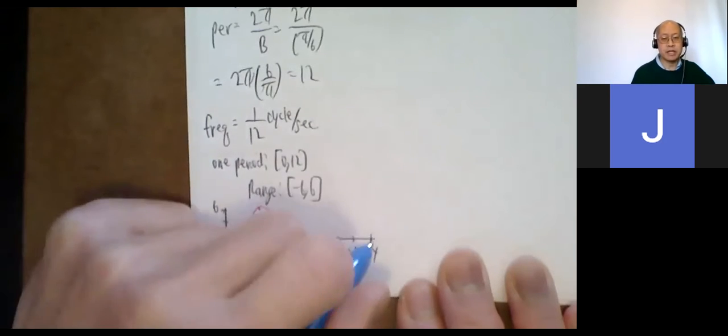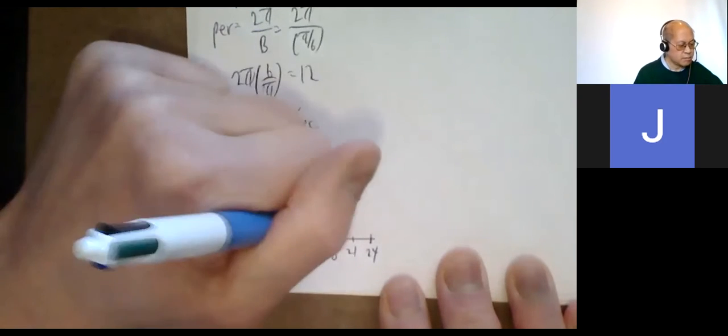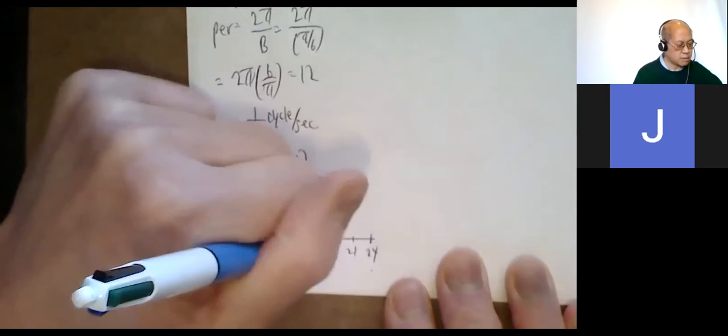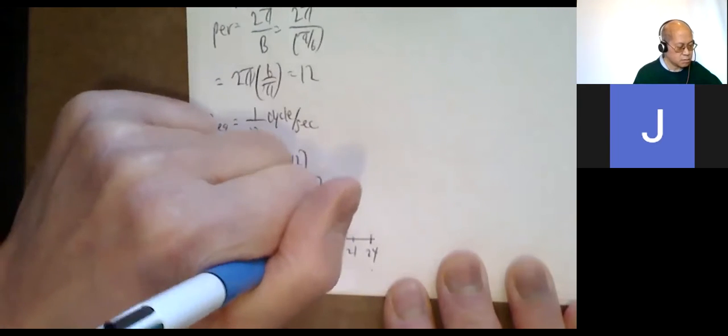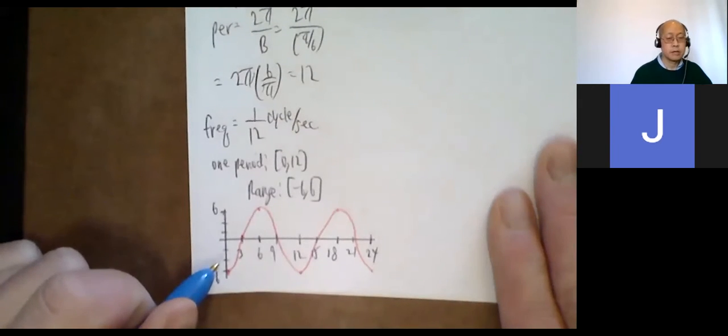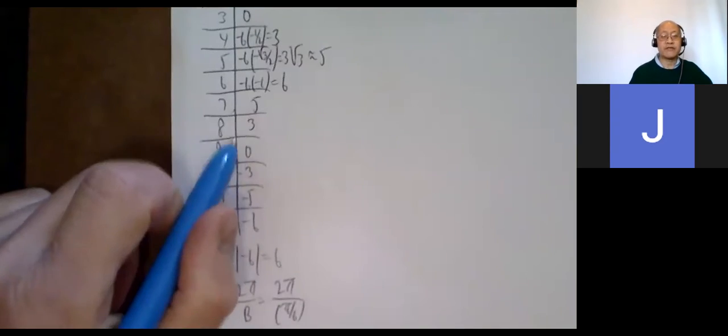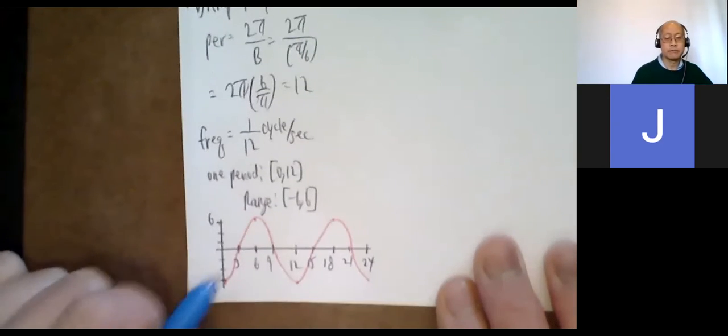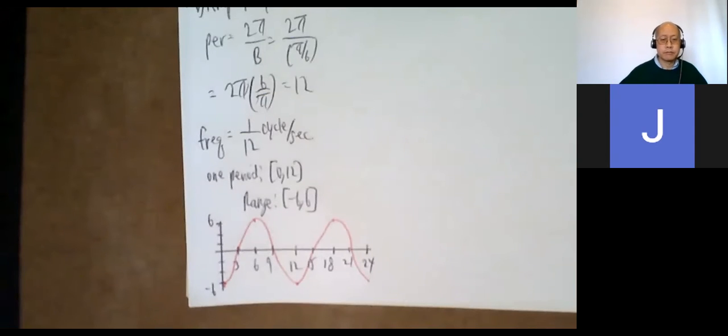Now just copy and paste that over to here. So maximum, minimum, 0, 0. You might ask, what about the 5 and the -5? They're there. I'm just not highlighting them, but they're there somewhere. So there's 2 periods.